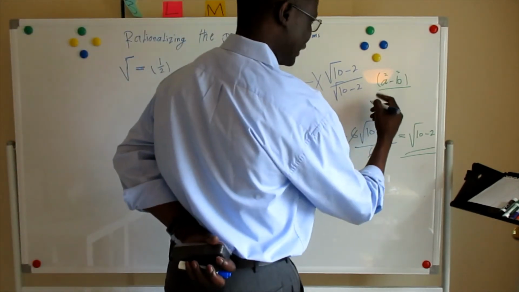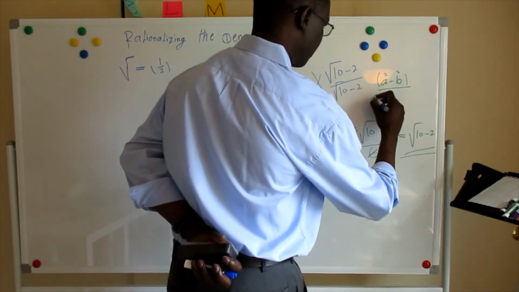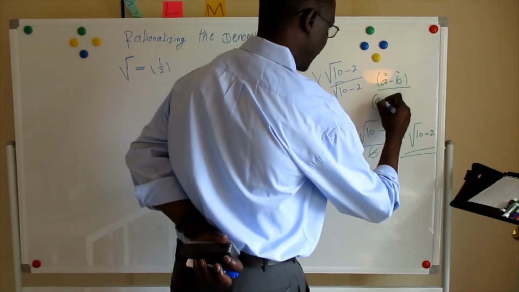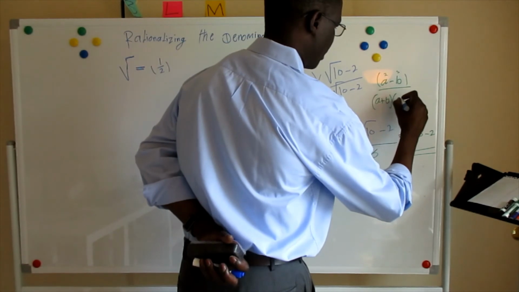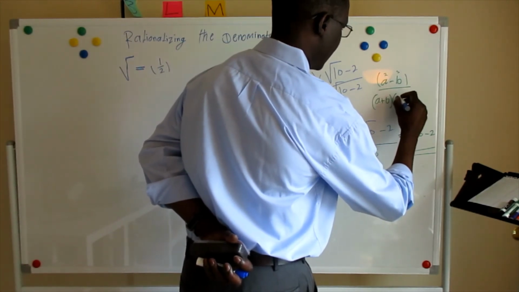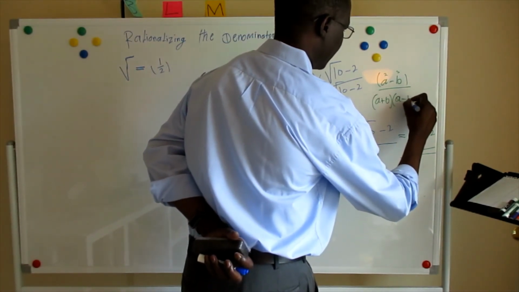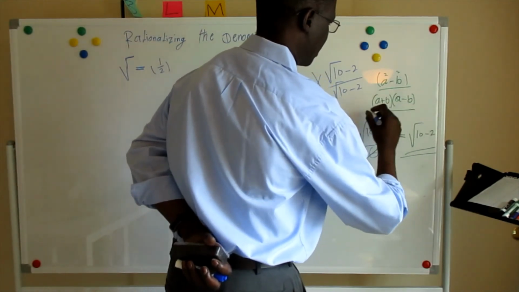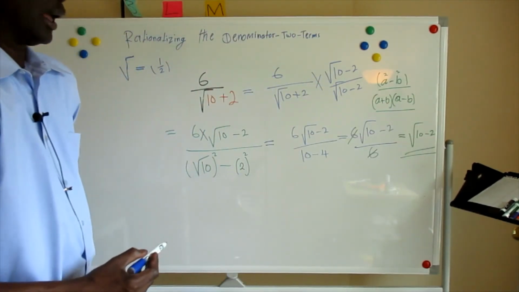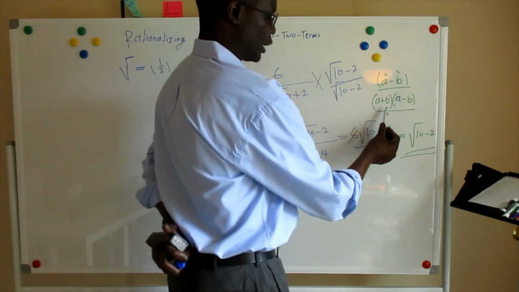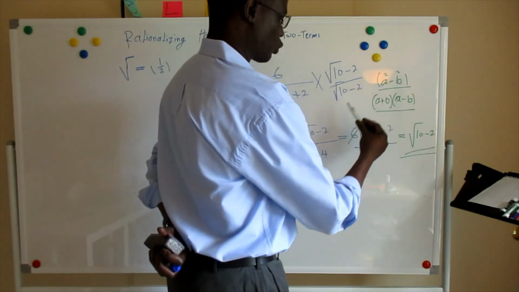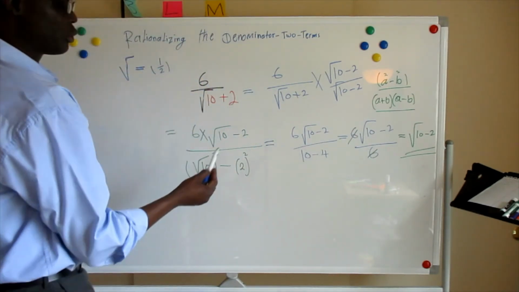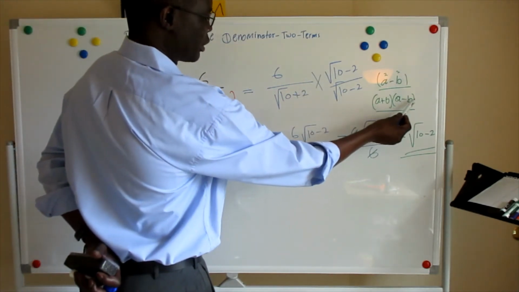The way you get A squared minus B squared is by multiplying A plus B times A minus B. And that's what we used here, because you multiply by the conjugate.